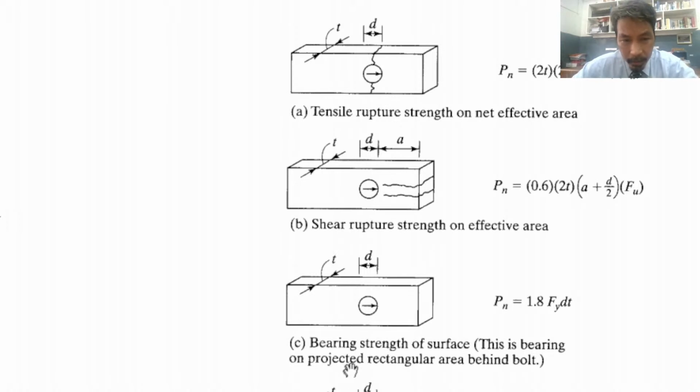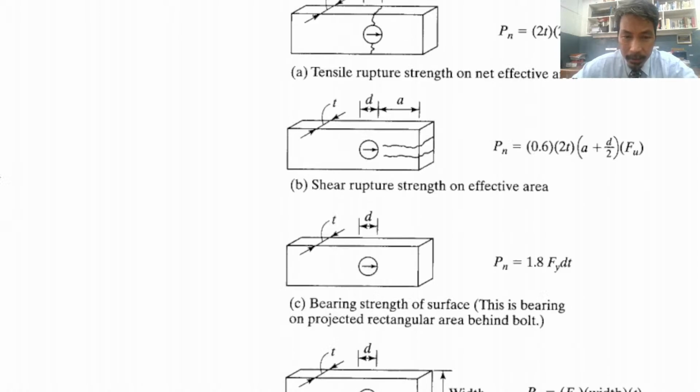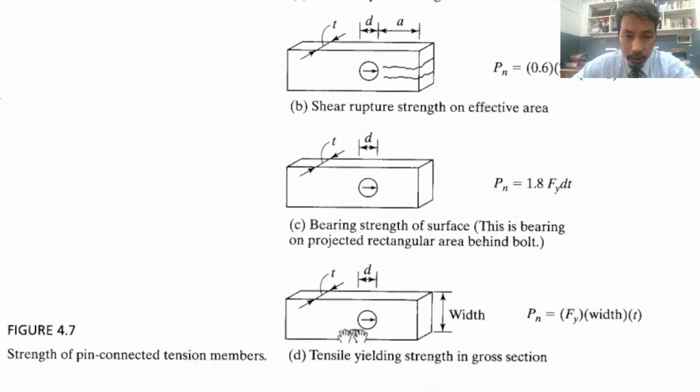So bearing, and letter D, tensile yielding. Tensile yielding, so width times t.